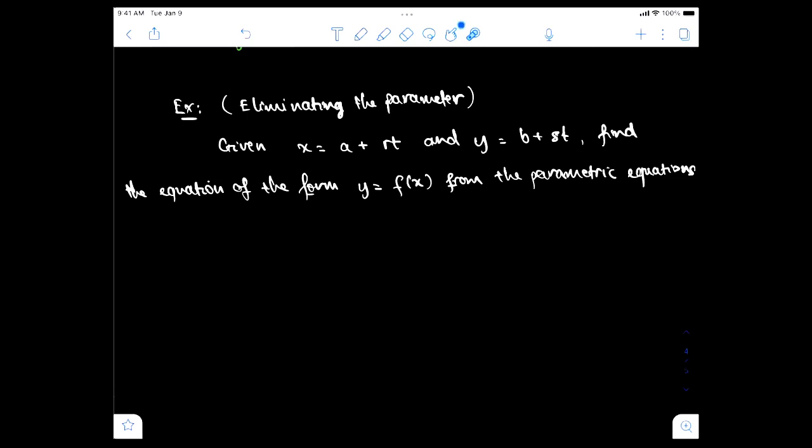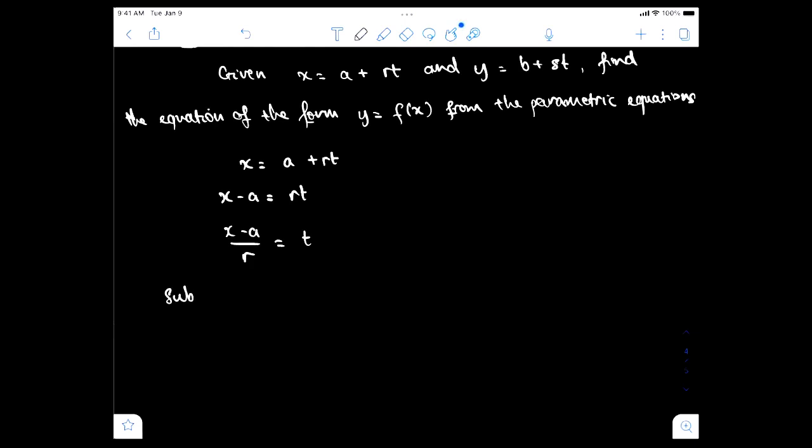What do I mean by that? First I pick the equation x equals a plus r t, and I solve for t. That means x minus a equals r t. Now divide both sides by r, you have (x minus a) over r equals t. So you just eliminate t, or solve for t.